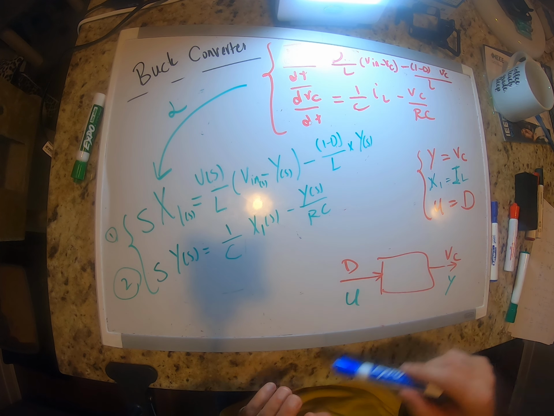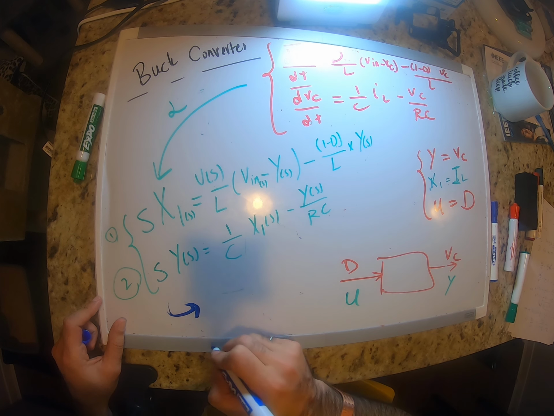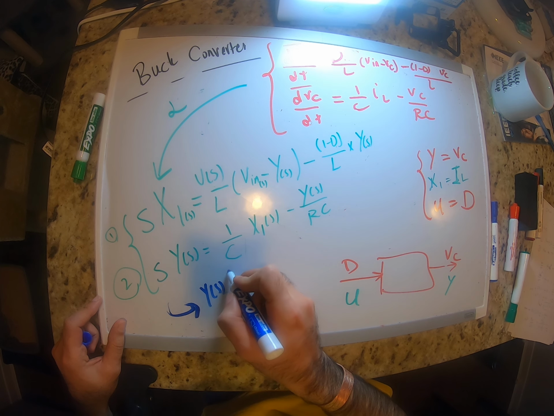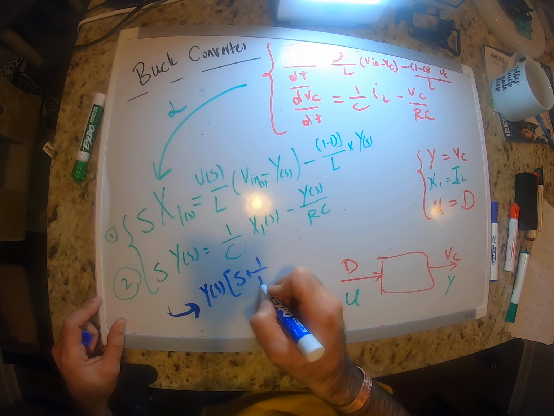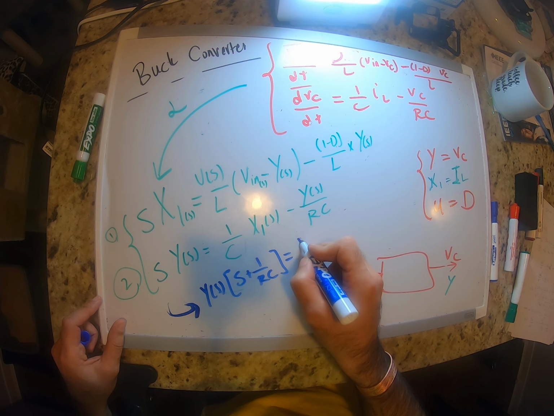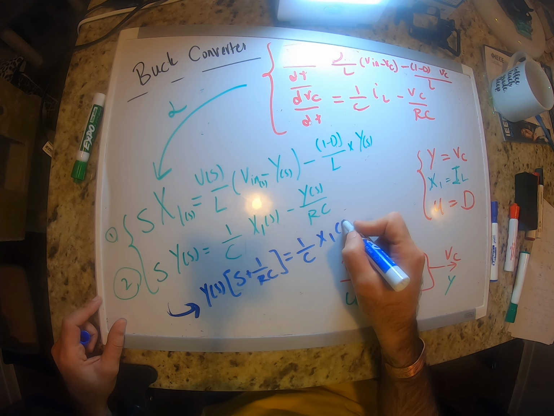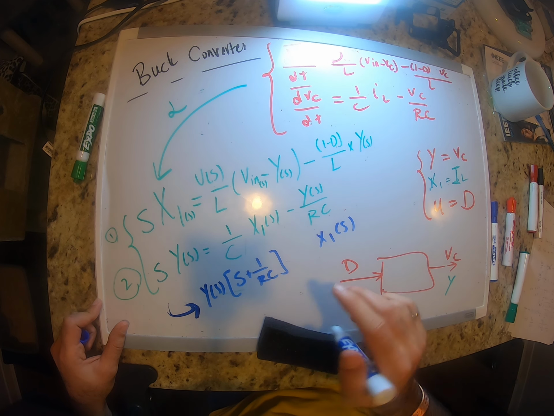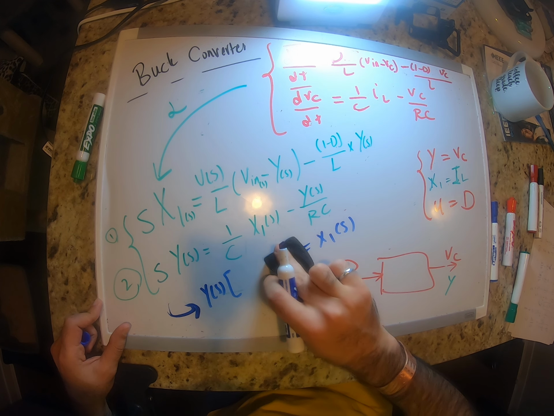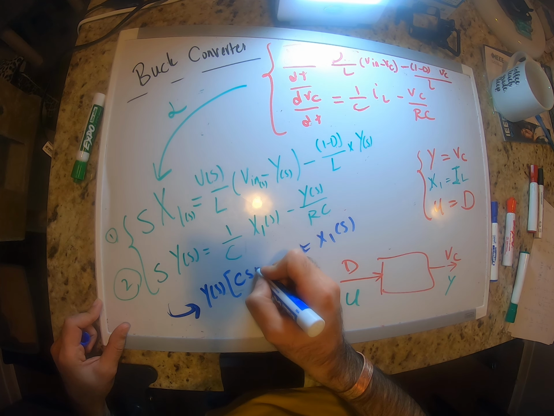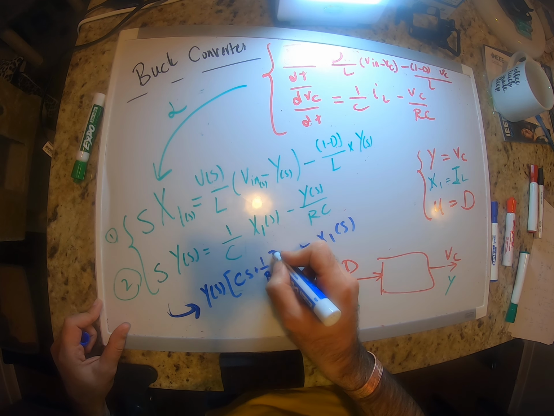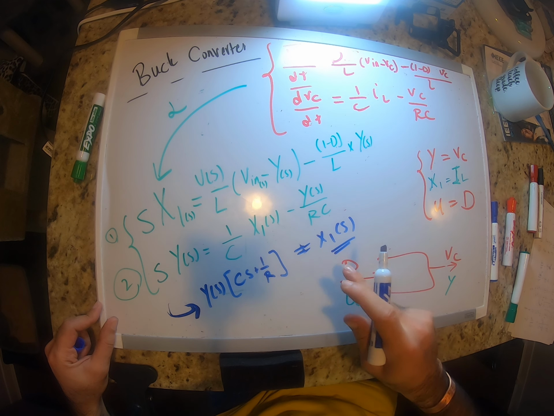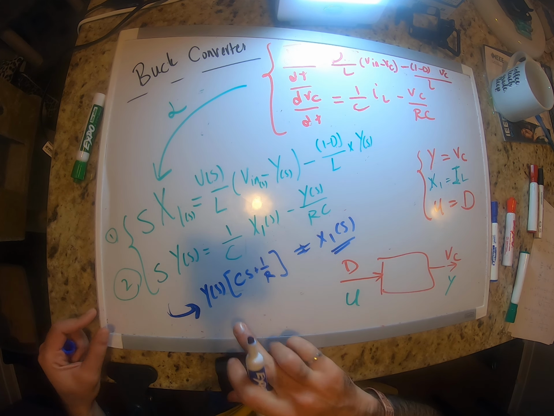From the second equation, if I factor out Y of S, this is Y of S times S plus 1 over RC, equal to 1 over C times X1 of S. Let's multiply both sides by C, so this becomes X1 of S equal to Y of S times CS plus 1 over R. Now we can replace X1 in the first equation by this term.